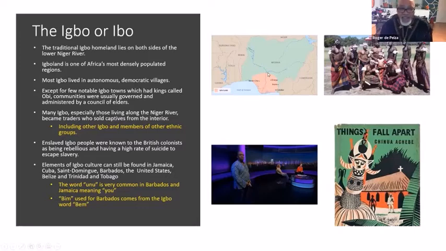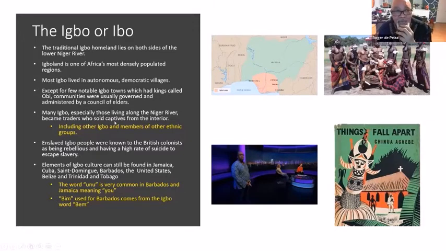They lived in democratic villages, and each village, each territory was controlled by a chief, in a sort of familial situation. Except for a few notable Igbo towns, which had kings called Obis, communities were generally governed and administered by the elders.